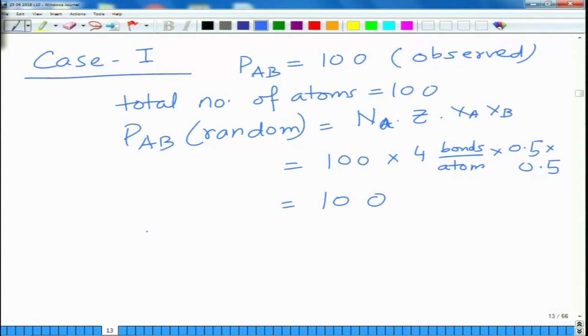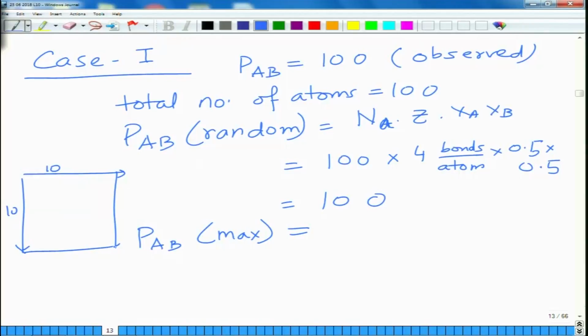And PAB max. So, you have, let us say, 100 atoms. So, 100 atoms means 10 rows, 10 this way, 10 this way. So, you will have 100 in place. So, total number of 200 bonds that you will have: 100 horizontal, 100 vertical bonds.